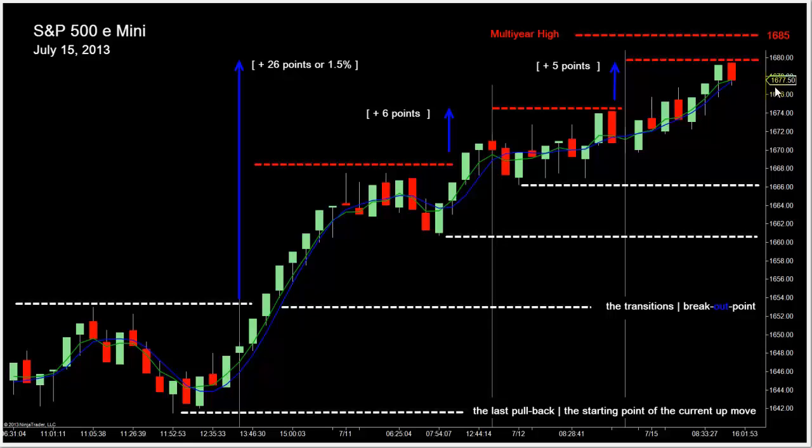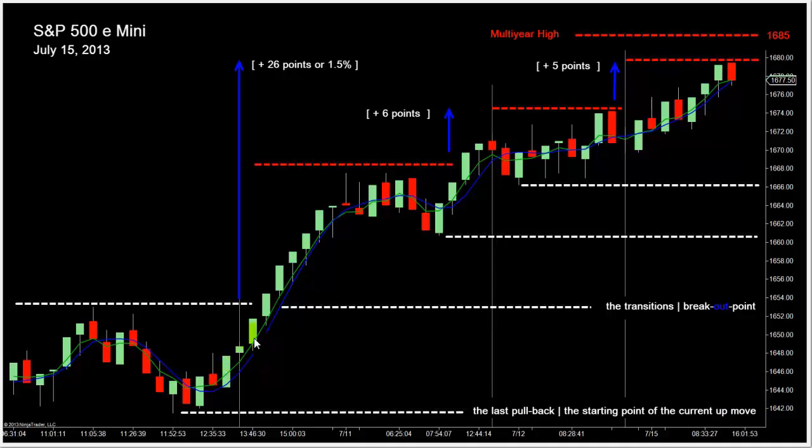However, the previous distribution points or indicates the price levels where specific expectations are more likely to occur than at some random point within the trading range. The current up move started with the last major pullback down to 1641.